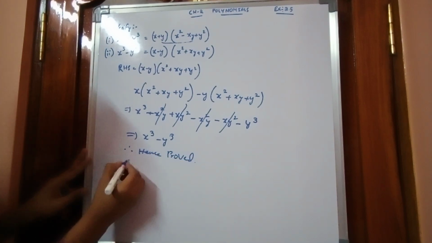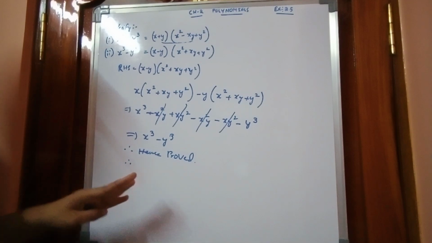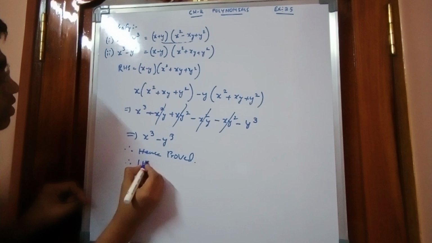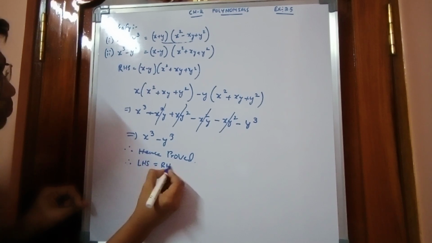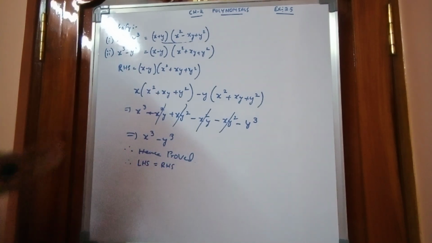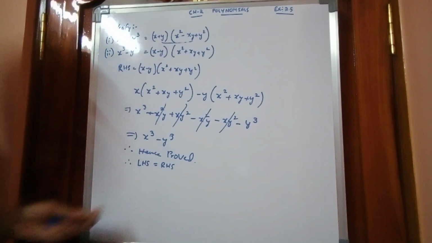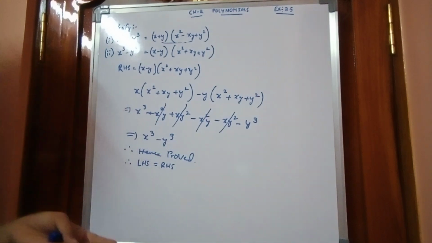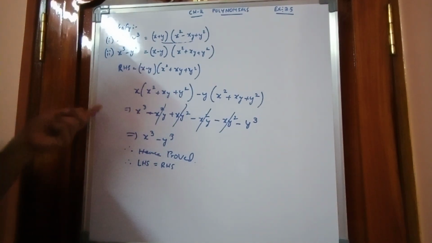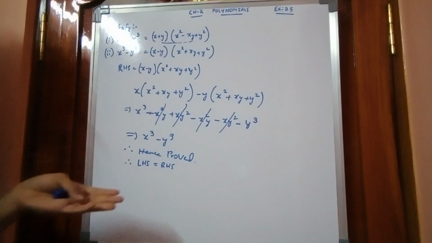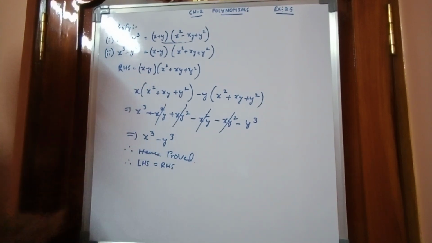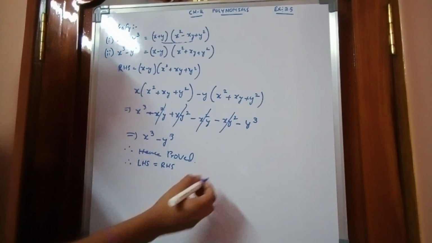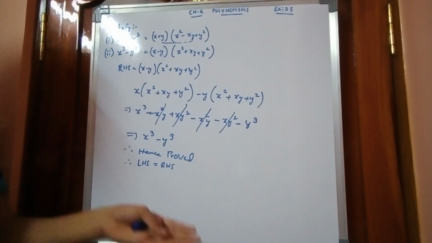Therefore, we should always write the last sentence. For this only we get half a mark in your exam. So you must write the last sentence, that is hence proved, LHS is equal to RHS. In word problems we have to write what they ask. Suppose they ask the surface area, TSA of the cuboid, then you have to write exactly that: TSA of cuboid is equal to whatever answer you got.